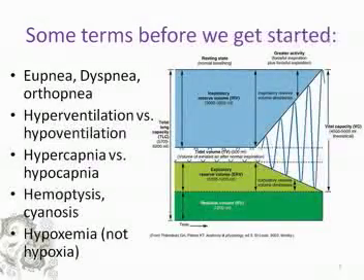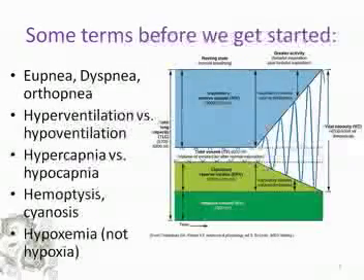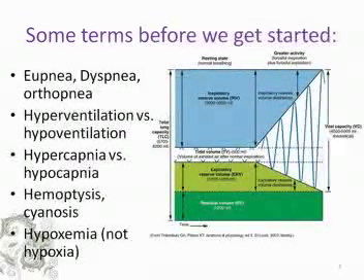Hypoxemia, not necessarily hypoxia, but hypoxemia, this is a decreased oxygenation of arterial blood, and hypoxia is a decreased oxygenation of the tissues. So the first term, hypoxemia, refers to the oxygenation levels within your arterial system, and hypoxia is really a reference to tissues or cellular level.